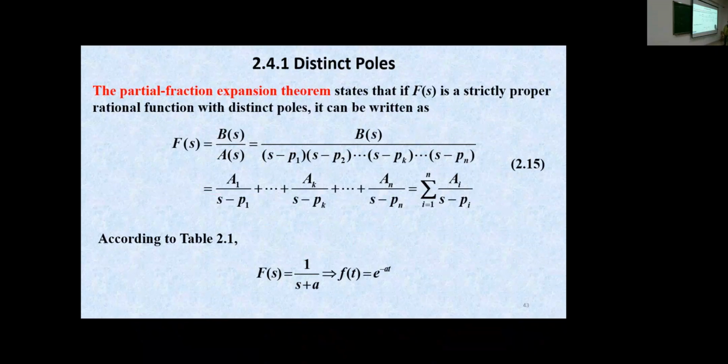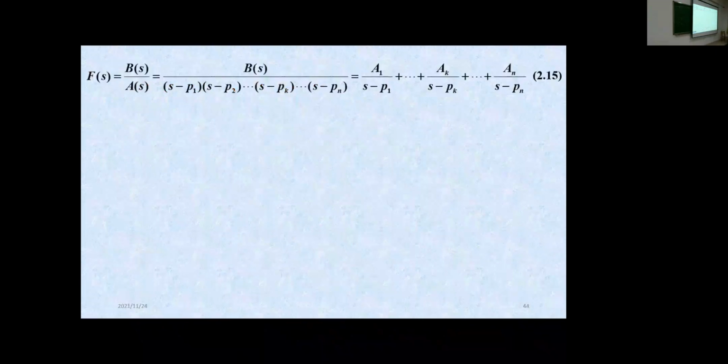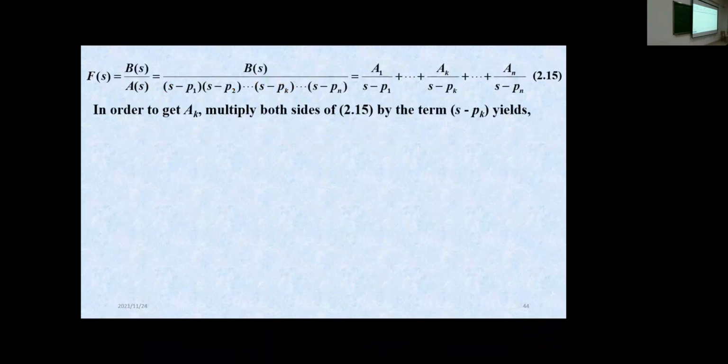According to the table, after we separate into several parts, what do we want to obtain next? You can tell the poles by the equation given to you.